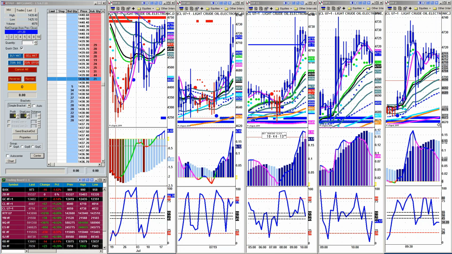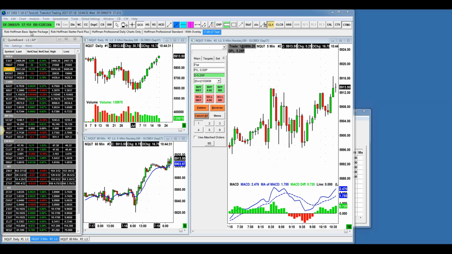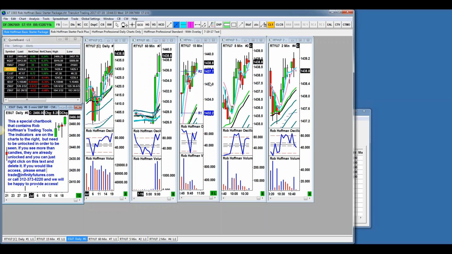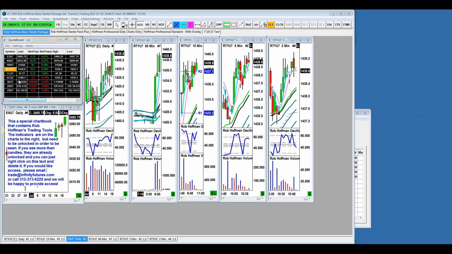Our demo comes with the live account, a demo account with live data and charting and everything all wrapped into one, including Rob's setups. I'm going to show the screen real quick and give you an idea of what it would look like. This is what you would see as a brand new user. You get the trading platform, and there's going to be a bunch of live data over here on the left.